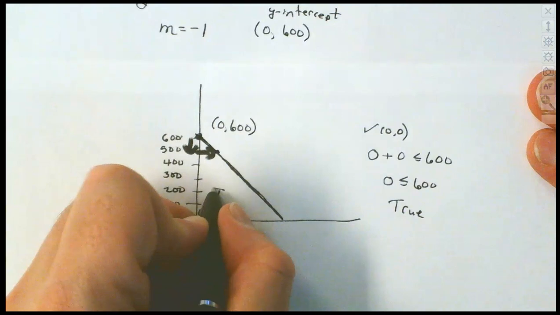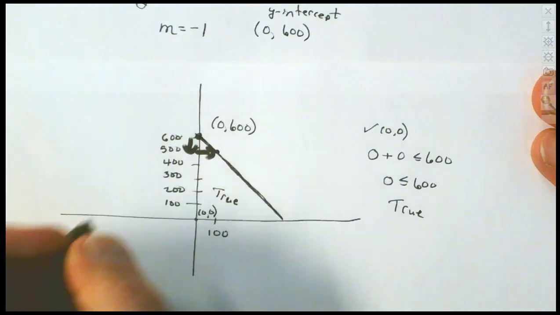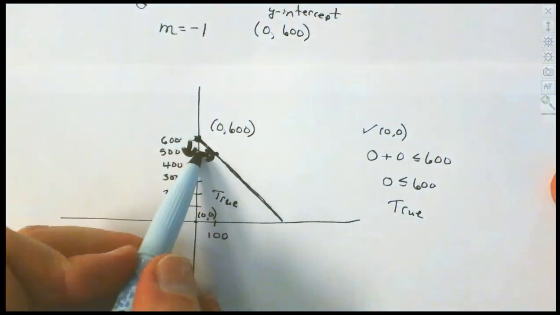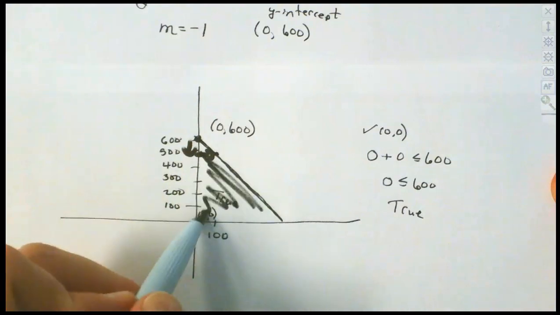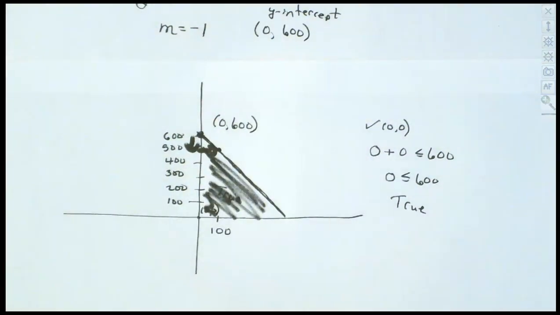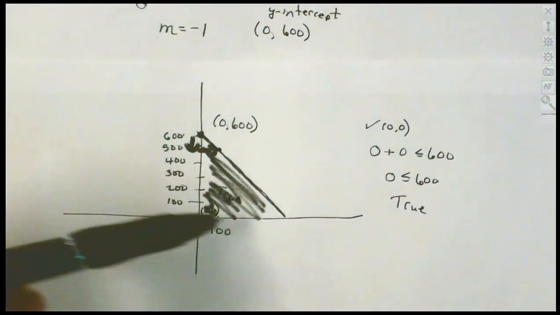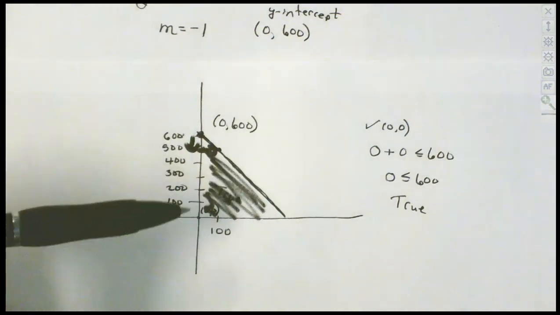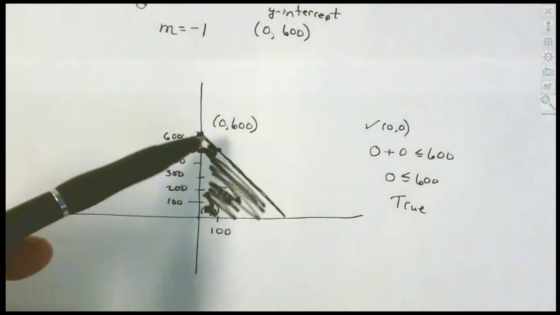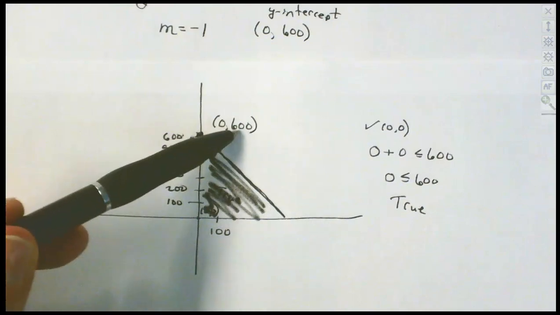So that means we shade below. So we're going to be shading below just like that. Okay. And that's what we want. And what this is telling you is all of these are possible solutions. And any variety I could pick in here will work. This is just the maximum we can have, which is 600 bags total.